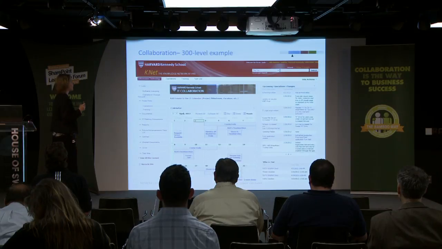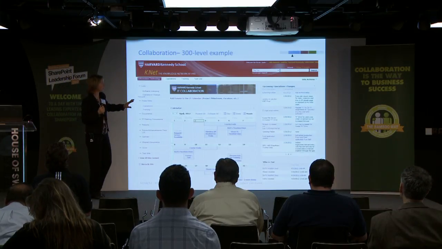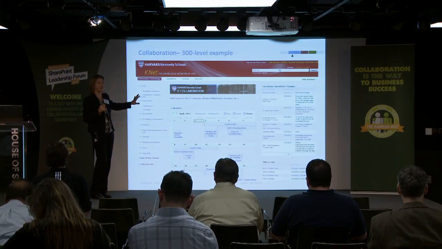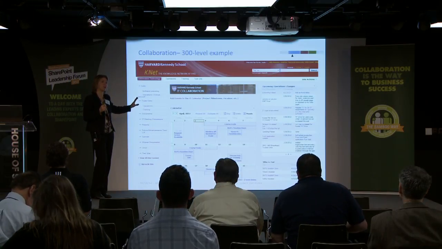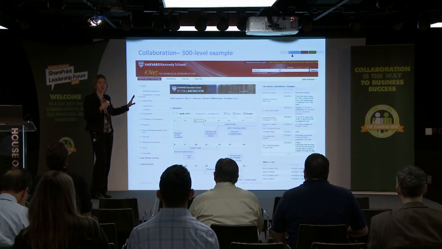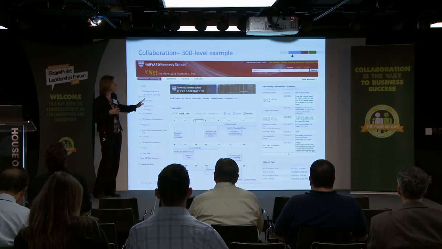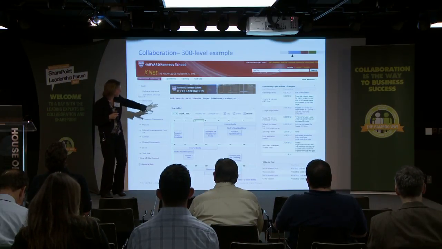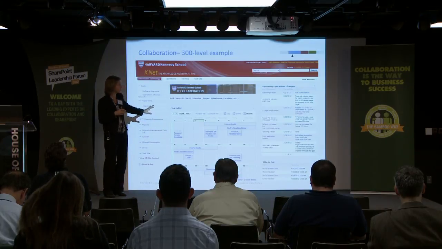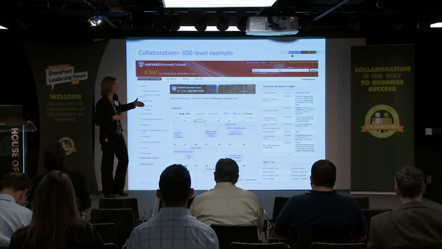Moving up to a 300 level, this is a higher education client that I had, and this is their IT department. I think it's a great example. These guys were super busy, putting out fires all the time, and they didn't do too much with the product, but they really used their collab site. They had their out-of-office calendar fully built out and used.